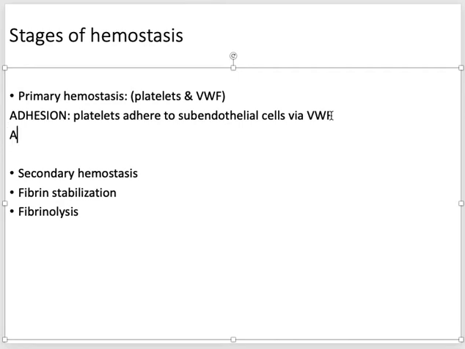Okay, after adhesion, there is one more thing called activation. Now, what is activation?